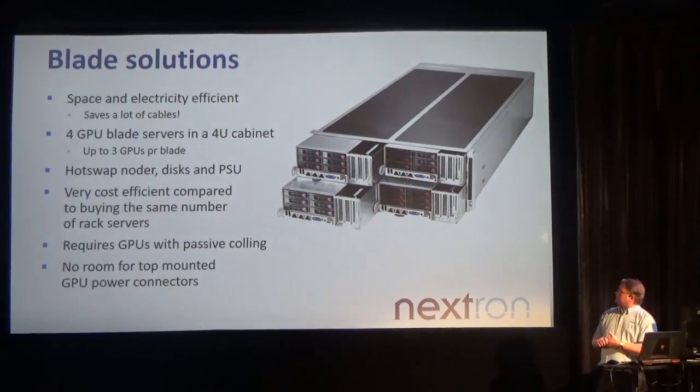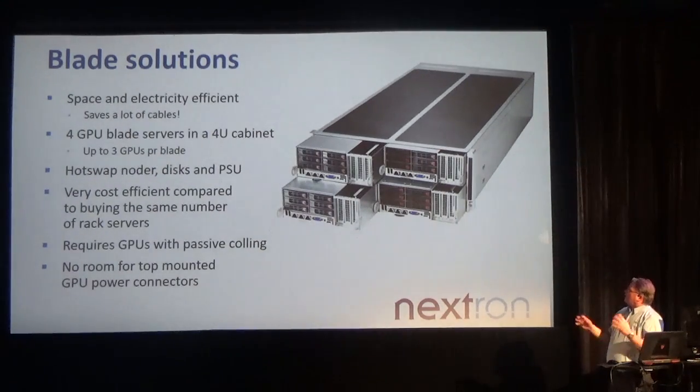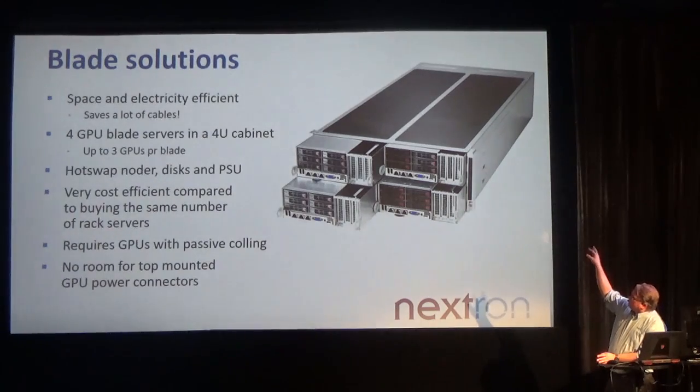Blade solutions, that's a more densely packed setup. You can have more GPUs in a tighter space than in a normal 4U, but you still get the advantage of having a fully redundant setup with shared redundant power, and you can hot swap each blade individually.